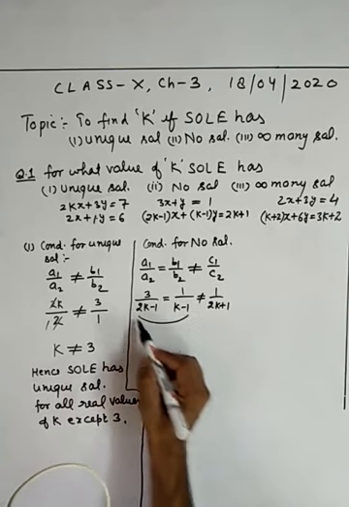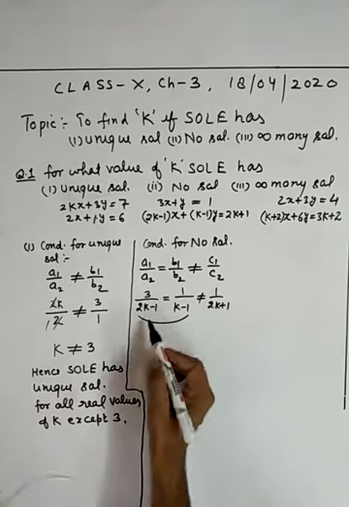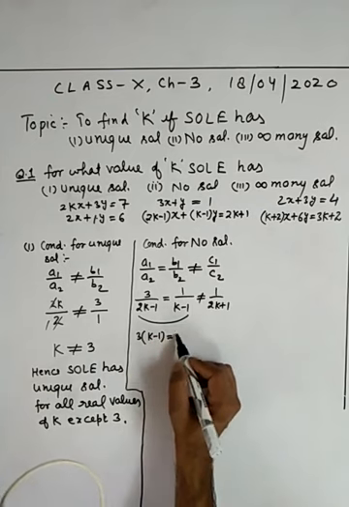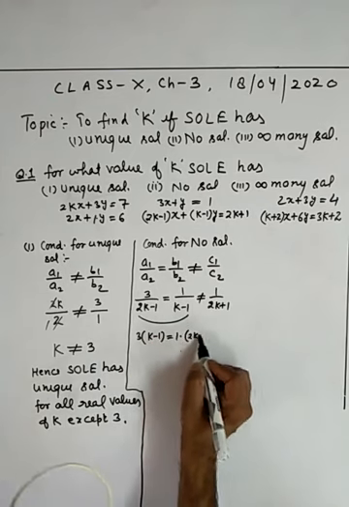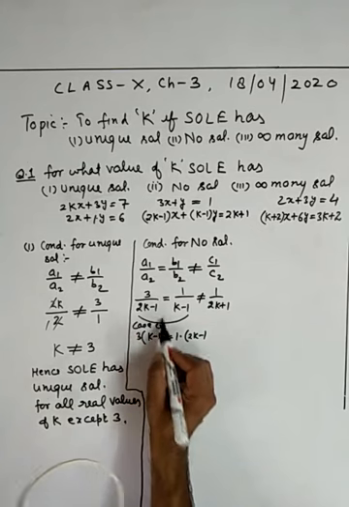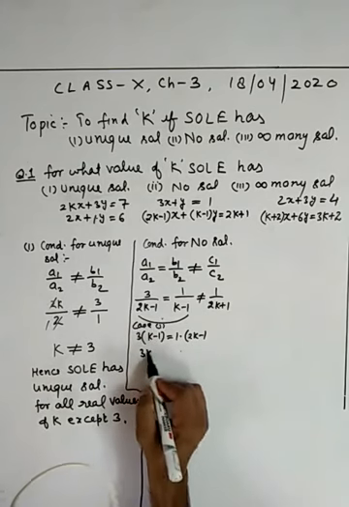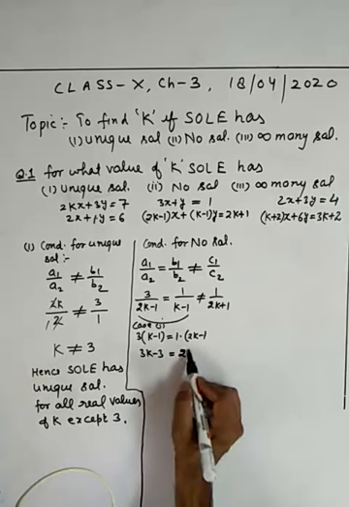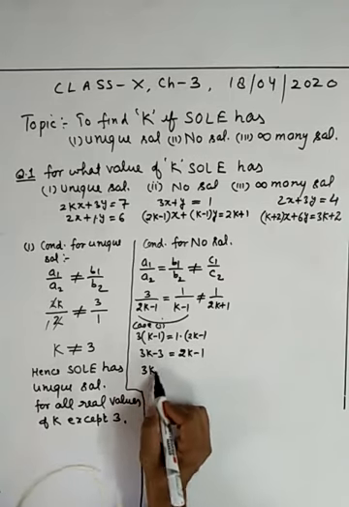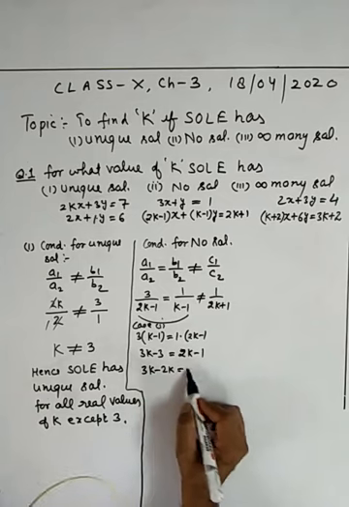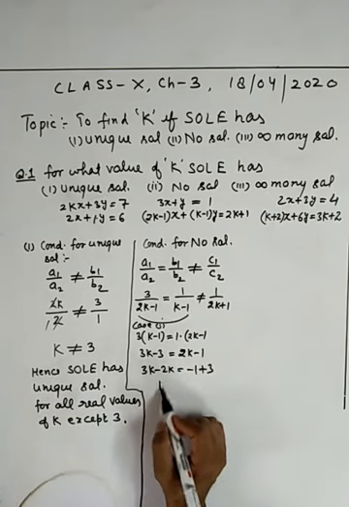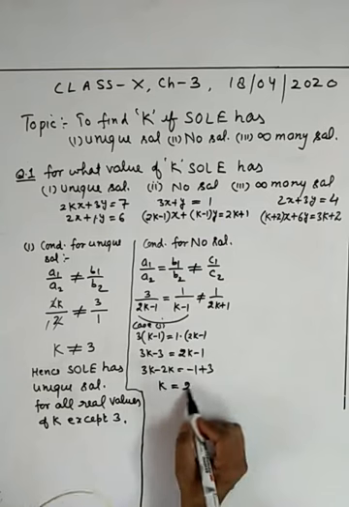First I am multiplying these two terms, cross multiply. So this is 3 times k minus 1, 1 times 2k minus 1. This is 3k minus 3, this is 2k minus 1. Take variables to the same side: 3k minus 2k equals minus 1 plus 3. 3k minus 2k is k, and 3 minus 1 is 2.